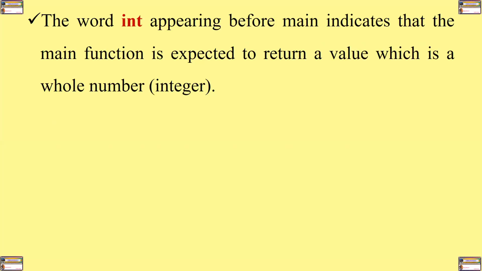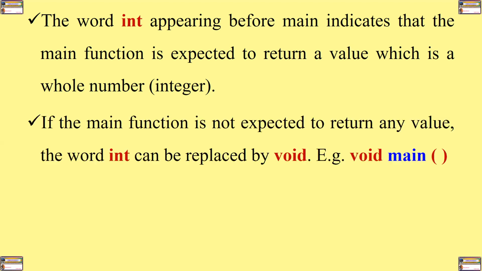The word int appearing before main indicates that the main function is expected to return a value which is a whole number or integer. If the main function is not expected to return any value, the word int can be replaced by void.